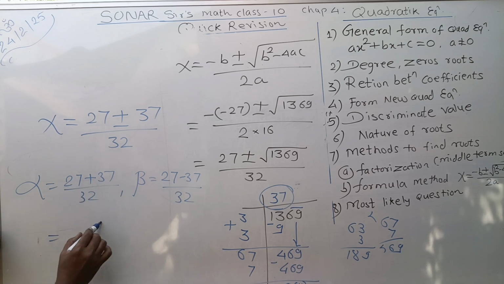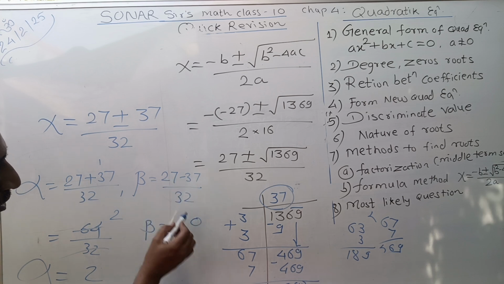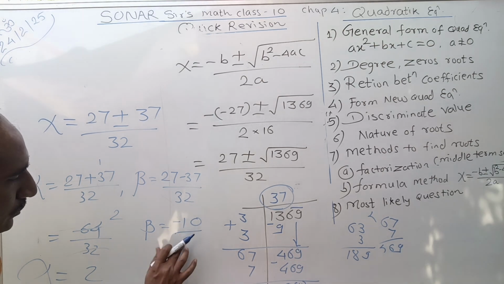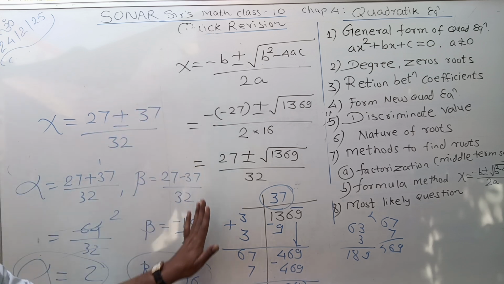If we add this, 7 plus 7 is 14, 3 plus 3 is 6, so 32 twos are 64. So the first root is alpha. Do you remember what answer we got in the factorization method? The same one. If we divide it by 2, 2 fives are and 2 sixteens are. These are the zeros of the quadratic polynomial by the factorization method.